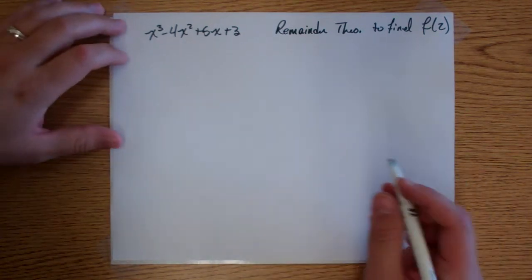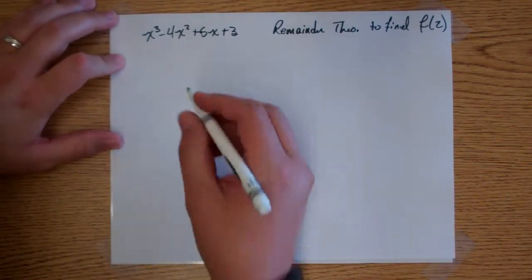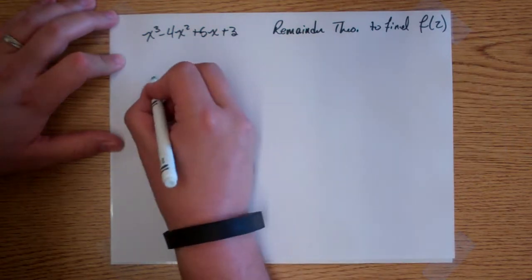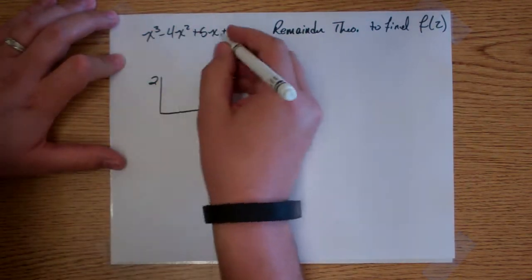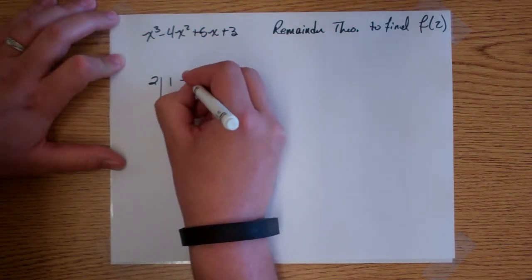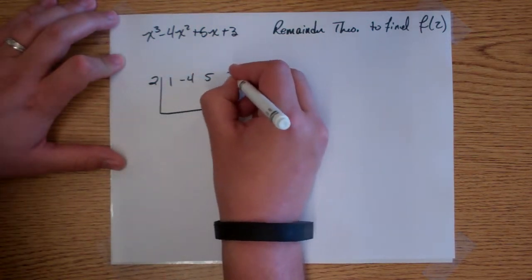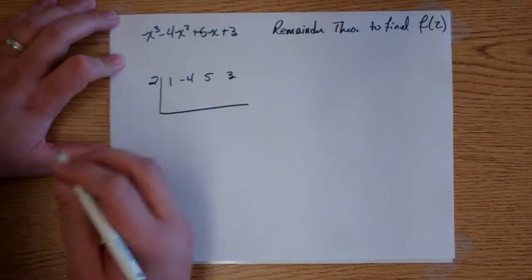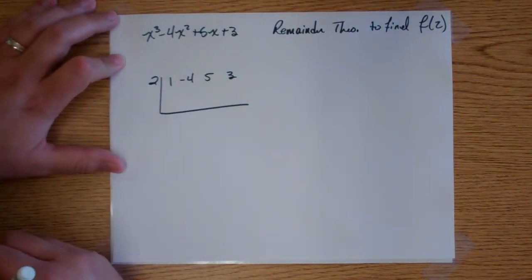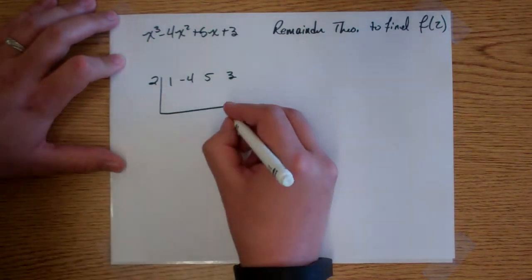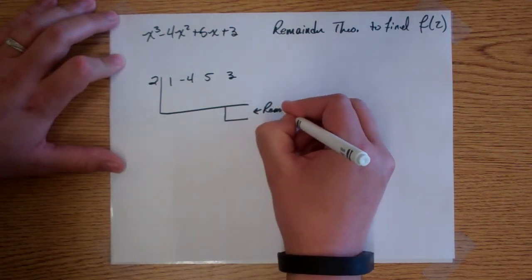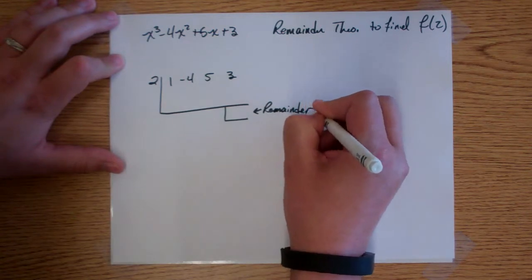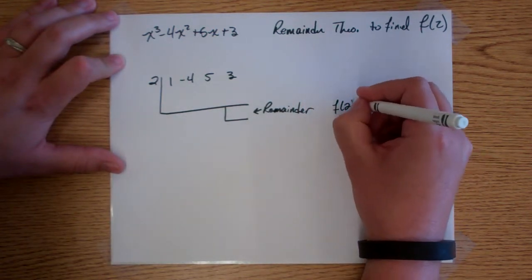So what do you do? You do synthetic division. We take the 2 and put it out front, draw kind of an elongated L, bring down your coefficients, 1, -4, 5, and 3. And now you simply perform your synthetic division, and whatever your remainder is, that is f of 2.